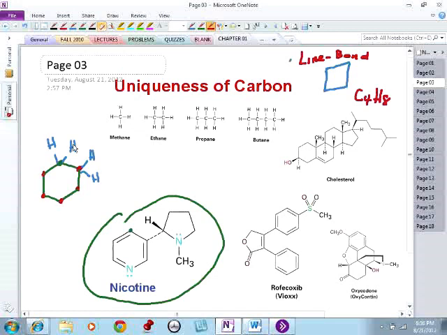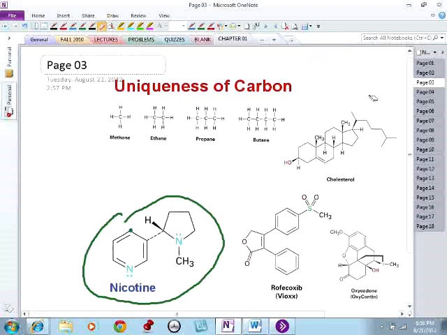Okay, let us continue with this. I was telling you about this molecule called nicotine, right here. Where do we find nicotine? Cigarette. This is the molecule that clogs up your lungs and causes cancer and all that.